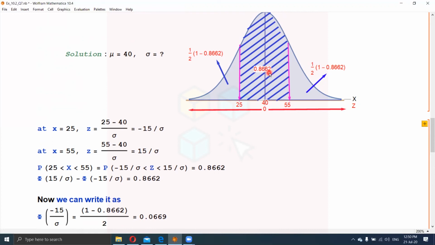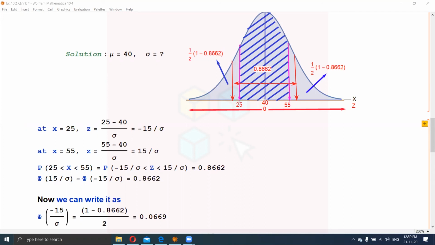Whenever our point comes beyond these points, 25, so 20 must be here. We are plotting 20 here, and 60 would definitely be more than 55, so it would be here. You can observe the area is increasing from 20 to 60.